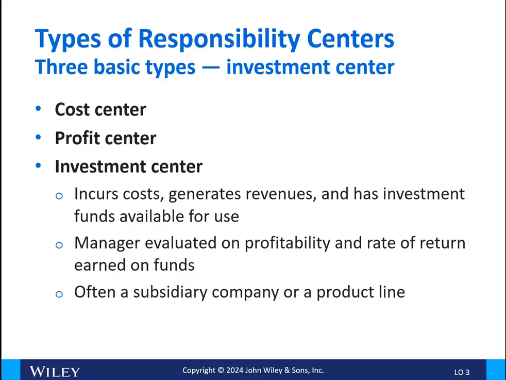It could be a product line. For example, a rubber company could have automobile tires versus truck tires versus bicycle tires. Those could be different product lines, and those could be investment centers because they're going to have different investments, different types of machines and factories needed to make those different products.